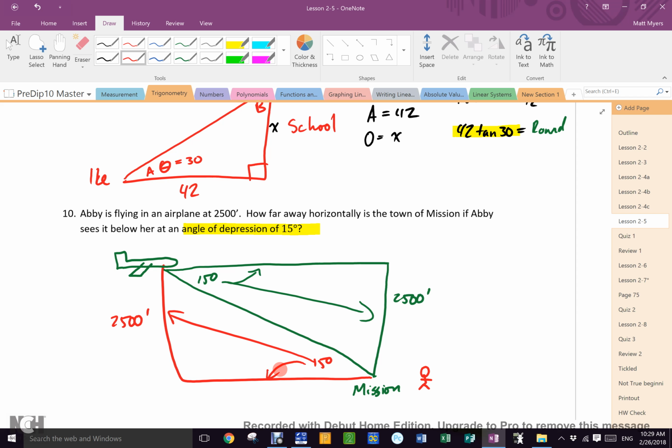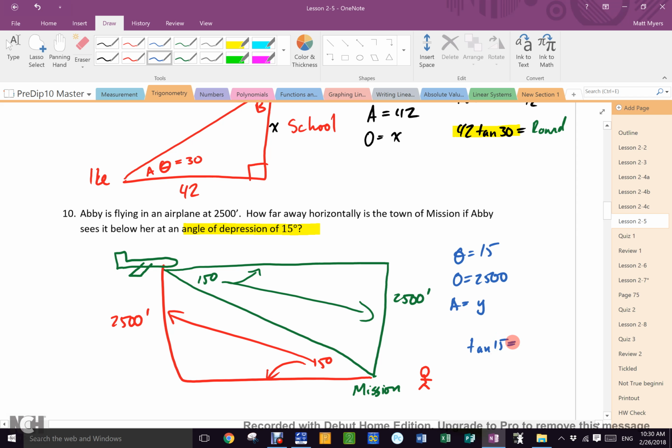Correct? Theta equals 15. Opposite equals 2,500. Adjacent equals, I'm going to use the letter Y. Why? Because I can. What uses O and A?